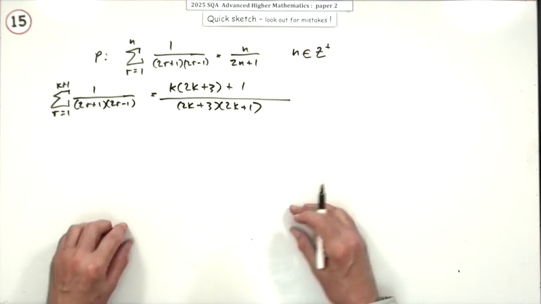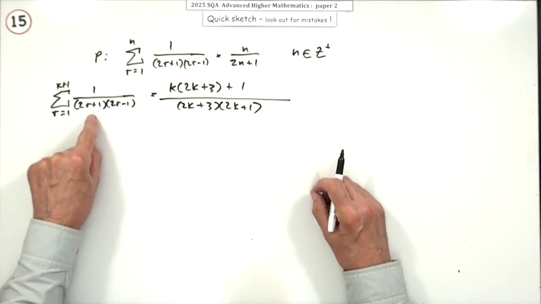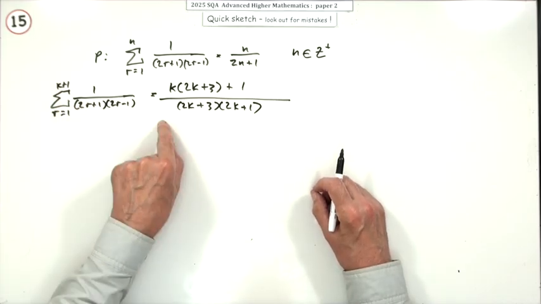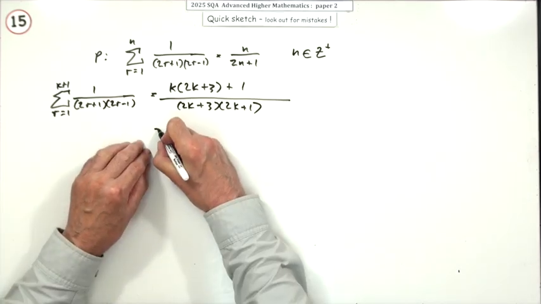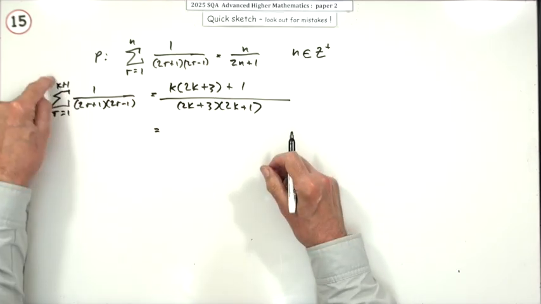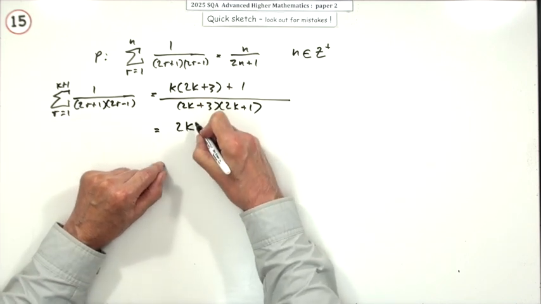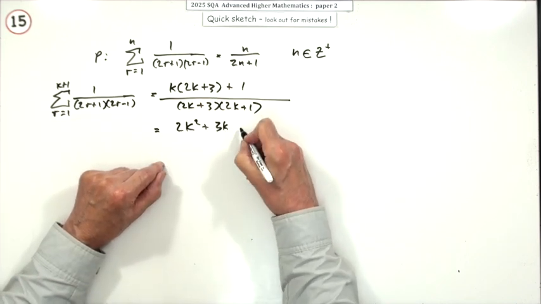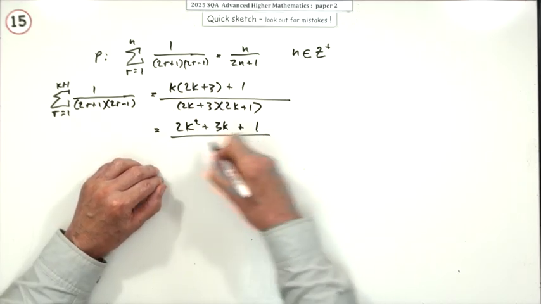So moving that up here, we've now reached that point where, considering k plus 1, you would have this expression if that part were true. Now if I can make that look like this for k plus 1, then that's it. Well, let's just multiply that out. 2k squared plus 3k plus 1.